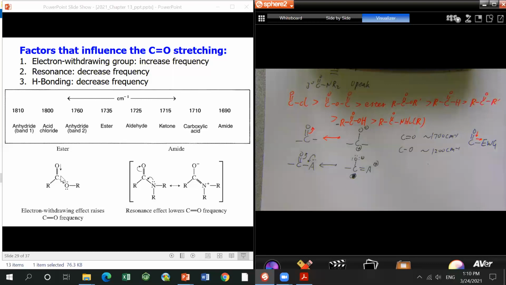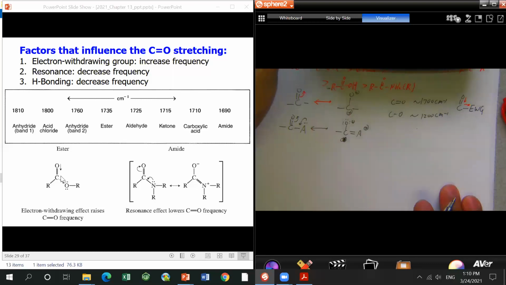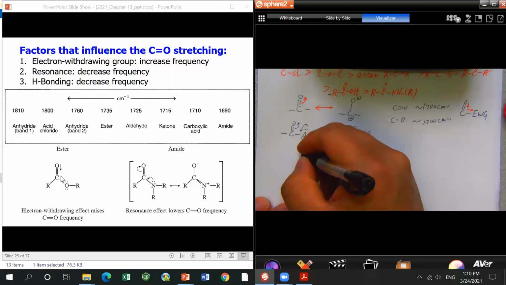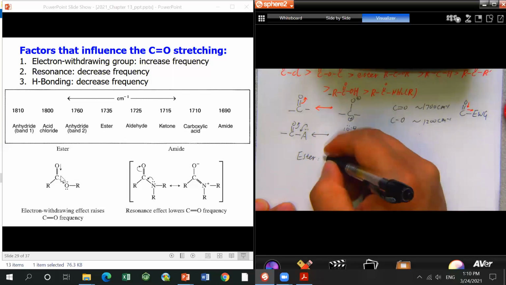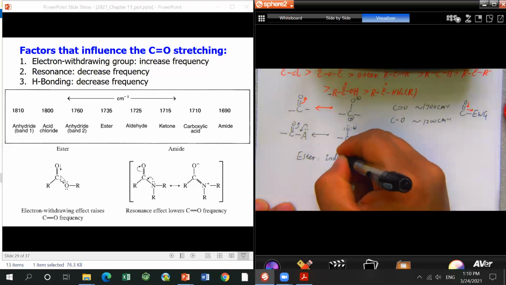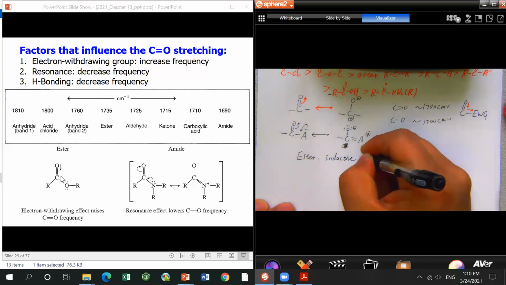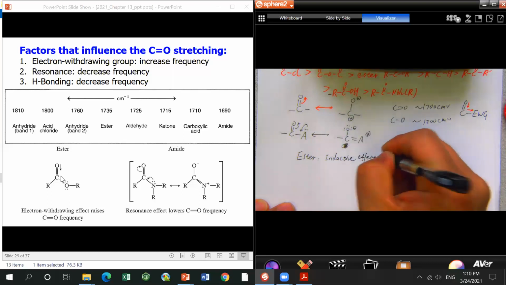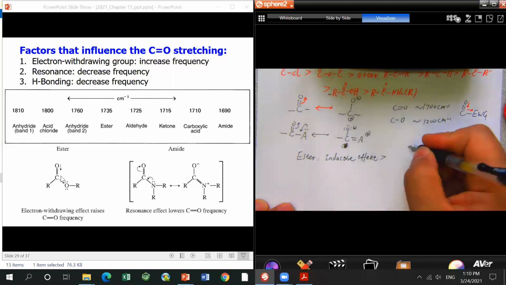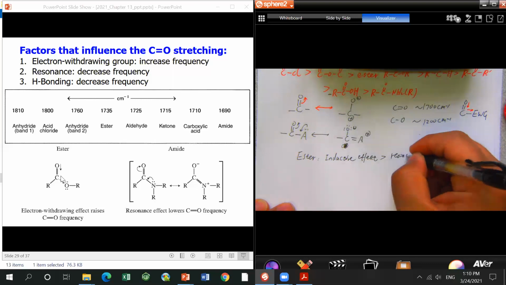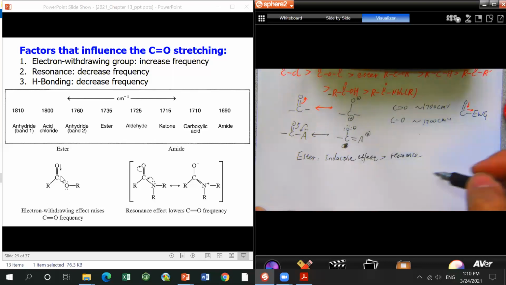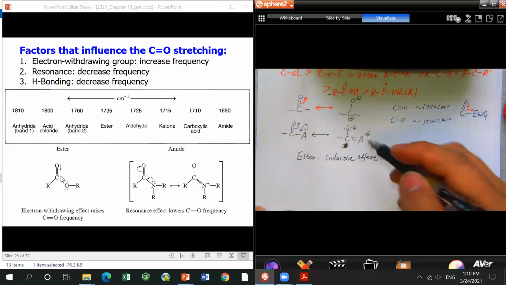The reason is that for the ester, the inductive effect plays the major role. The inductive effect, the electron withdrawing effect, wins over the resonance. That's why the ester has a higher C=O frequency.